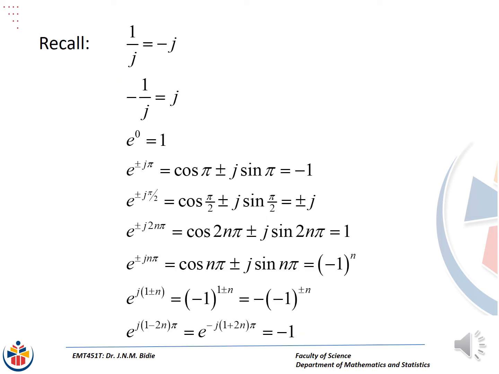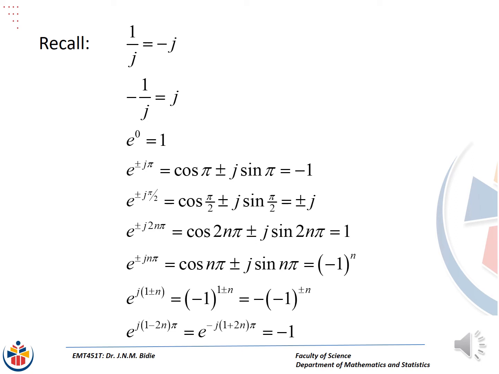Part of our recollection are those formulas: 1 over j equals -j, because what you do is multiply by j over j here, you'll get -j, and then -1 over j gives us j, because you still multiply by j over j, and your answer will be j. And then e to the power 0, we know any number to the power 0 gives us 1.